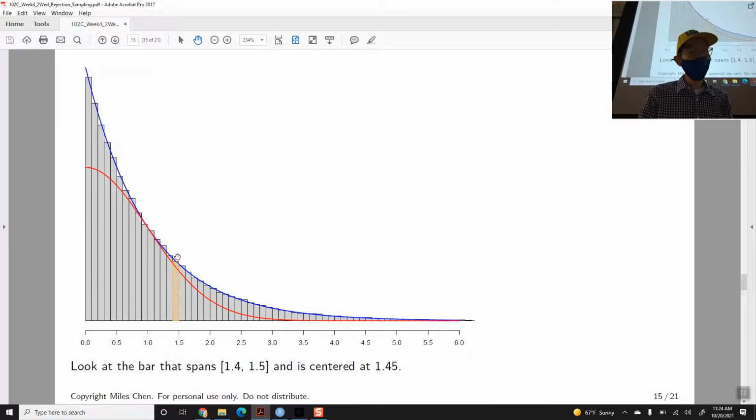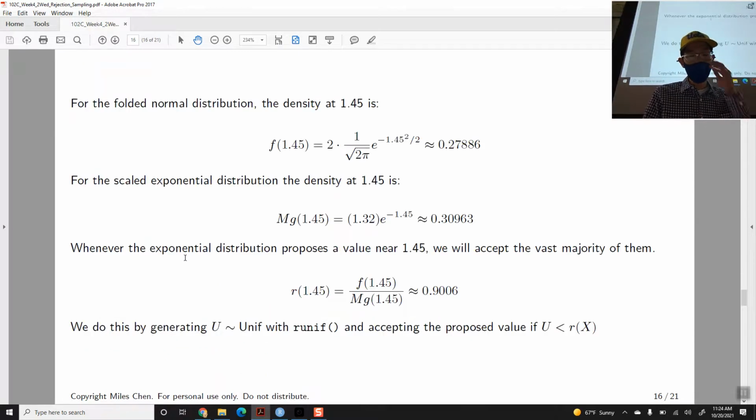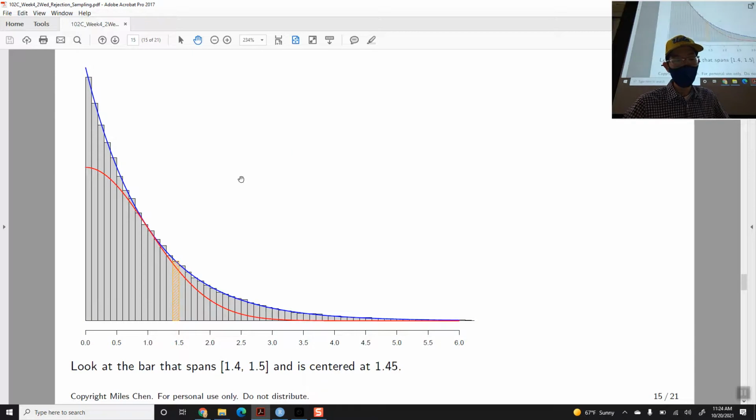We'll still reject some of it, but not too many. So here we plug in 1.45 as a representative value for this bar. Again, the distribution is continuous, so the probability of getting exactly 1.45 is 0, but we choose 1.45 as a value that represents this bar.